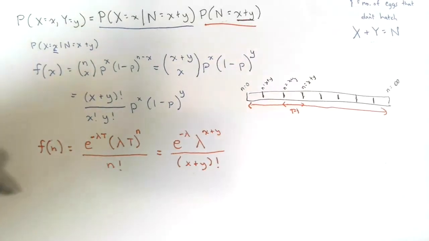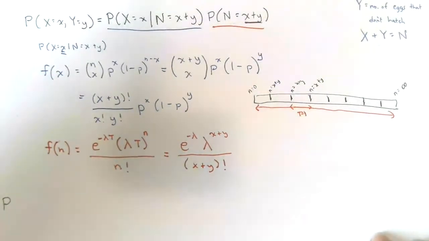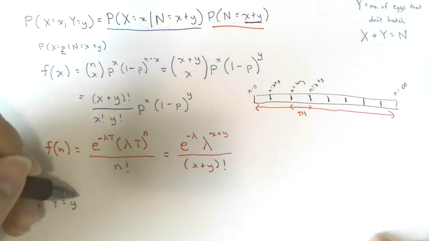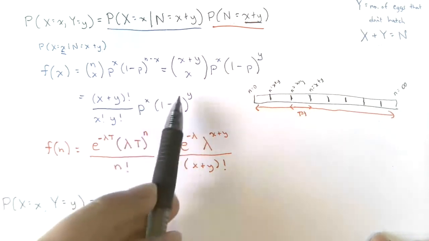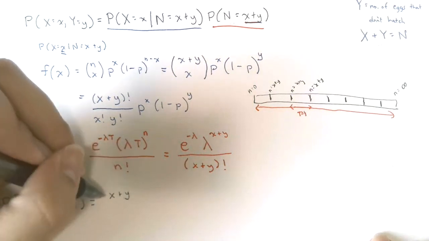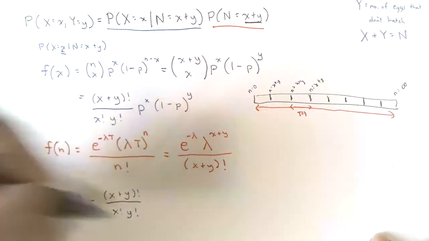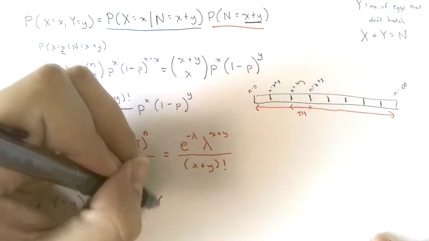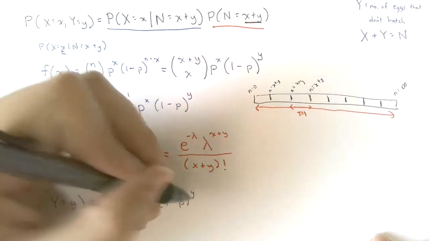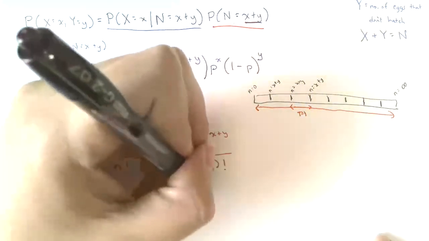So we have the probability that x equals some value little x and y equals some value little y is going to be equal to, we have our binomial distribution, times we have our Poisson distribution.